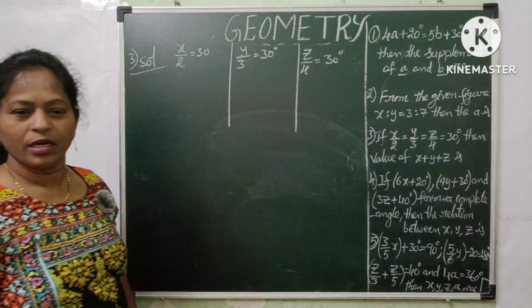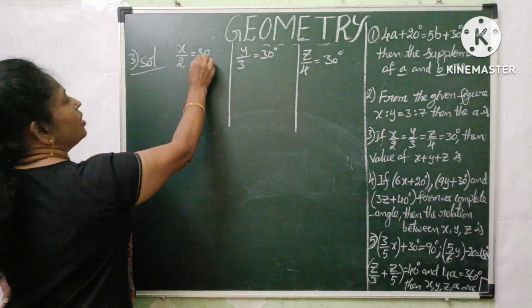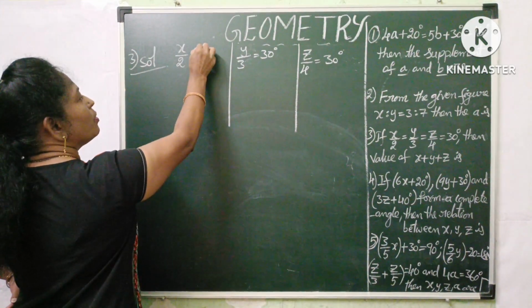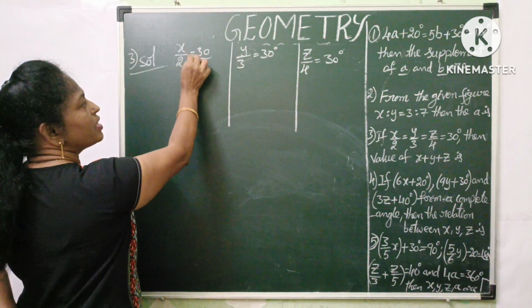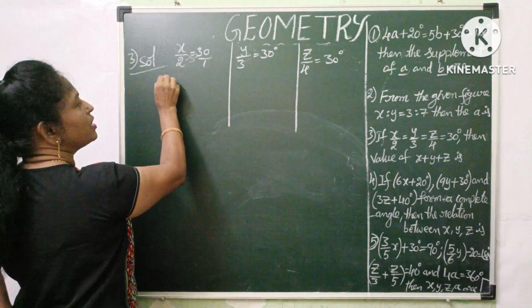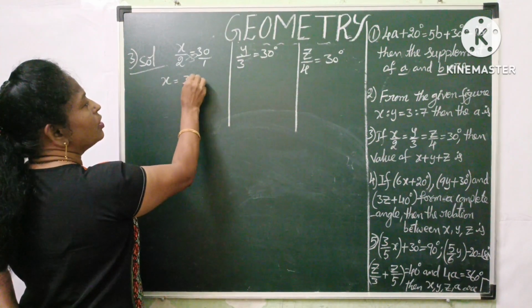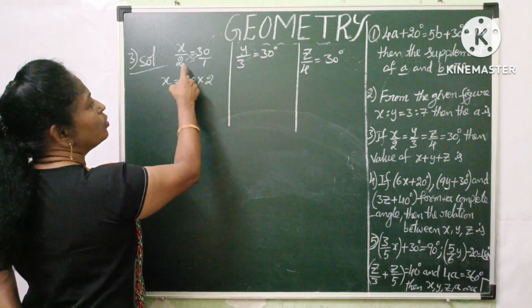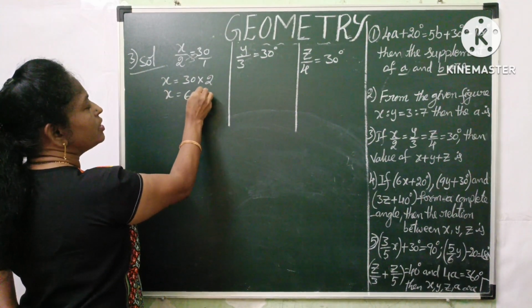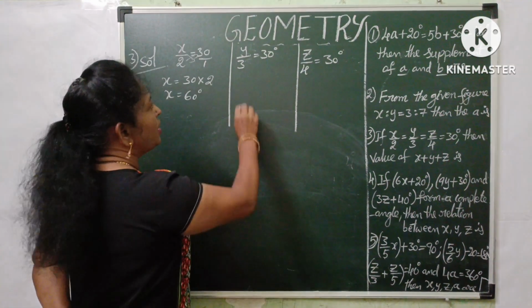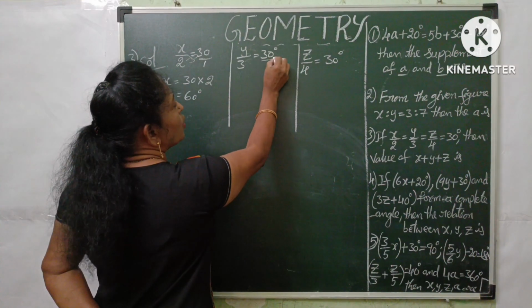We write it separately. Then here, no denominator, it will be x. So by doing cross multiplication, we have to do cross multiplication here. Then x equal to 30 into 2, 2 into 30. Then x equal to 60 degrees. Okay. Next one, here also, no denominator, 1.